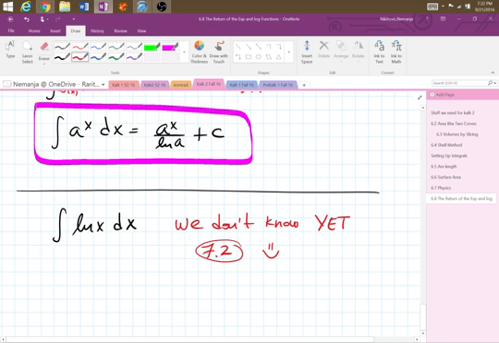We know that the integral of 1 over x is ln x. We know that. But we don't know what the integral of ln x is yet. We're going to do that in 7.2 after you're done with your exam. So we'll deal with that later. Yeah, it's x ln x minus x plus c. But we'll get there.